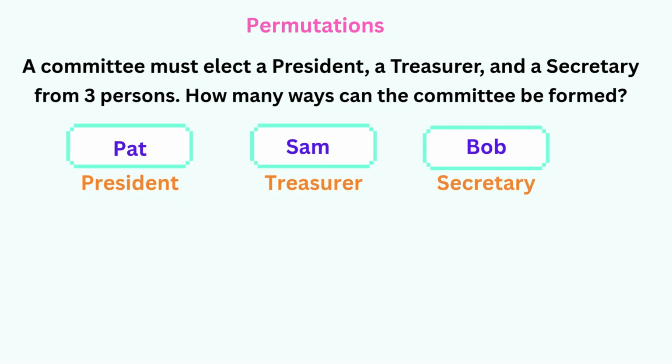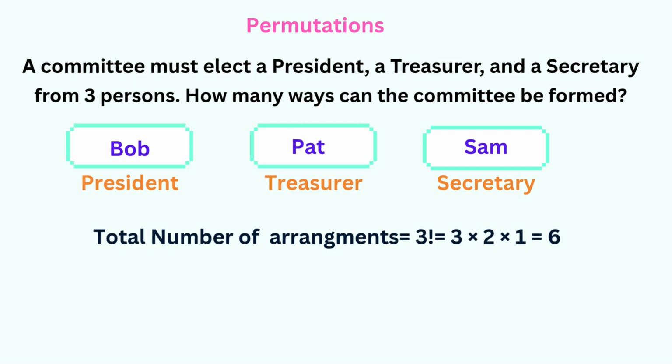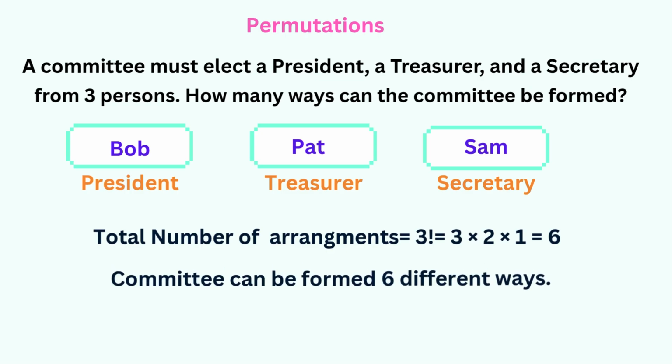Or we could make Pat the president, Sam the treasurer, and Bob the secretary. We can switch the roles for the 3 persons, and we'll get a total of 6 permutations. We're choosing 3 persons for 3 different roles. So the permutations formula can be applied to give 3 factorial equals 6 possible arrangements. So there are 6 possible ways to form this committee.